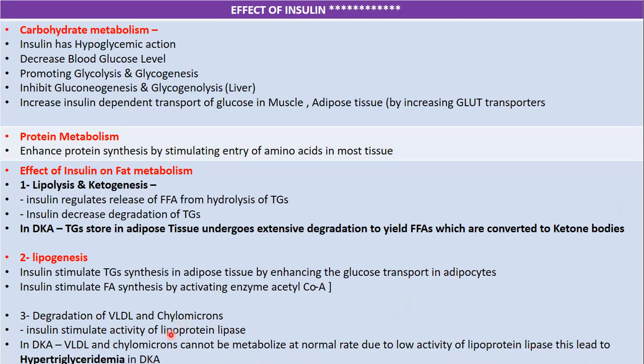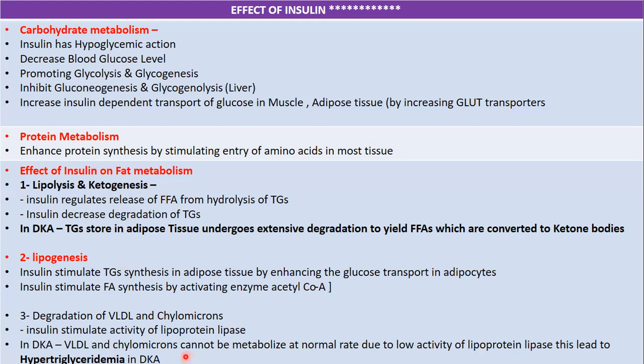So this lack of insulin leads to the condition hypertriglyceridemia in diabetic ketoacidosis. In carbohydrate metabolism, we say how insulin works. We see the effects of insulin on fat metabolism. There are two effects which we see, that is lipolysis and ketogenesis, and second is lipogenesis.